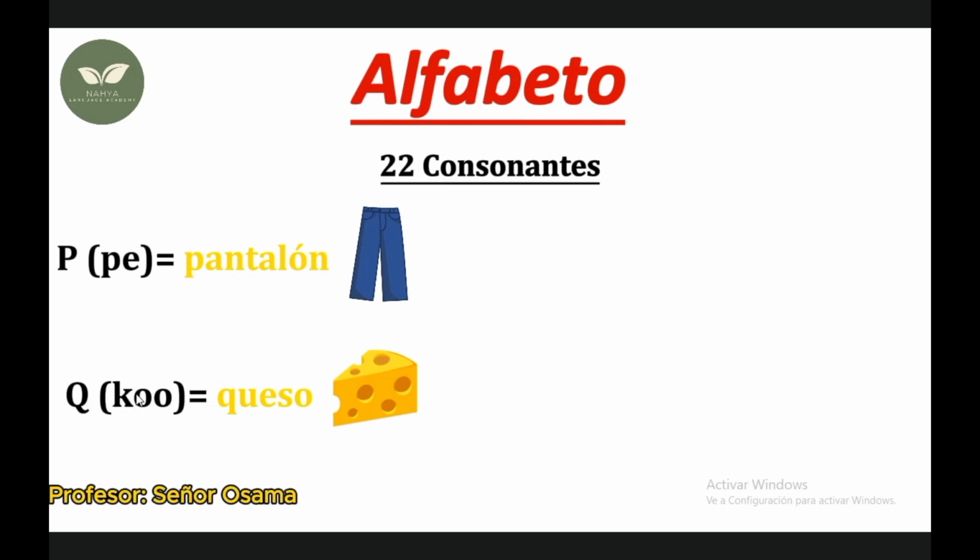So the next letter is Q, like this. Q, and we can find it in the example of queso. Queso, which means cheese. So the next letter is R. Okay, the same thing with this letter.